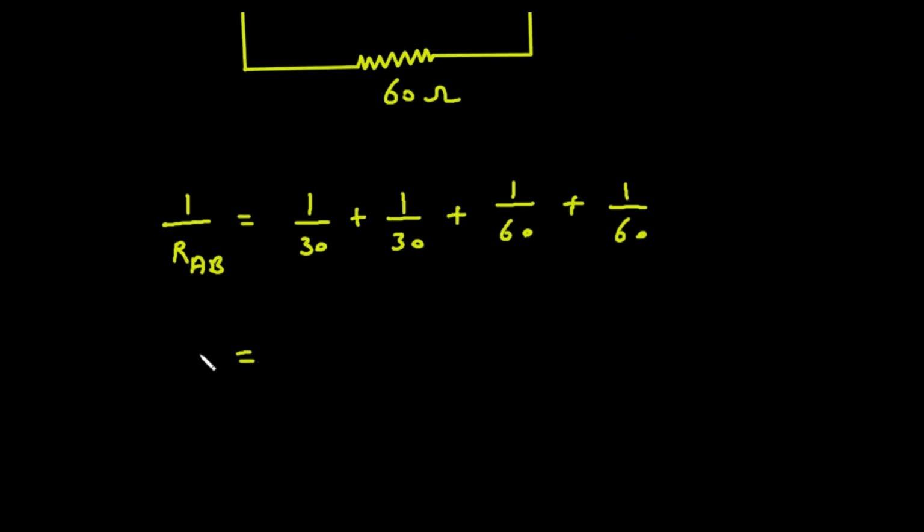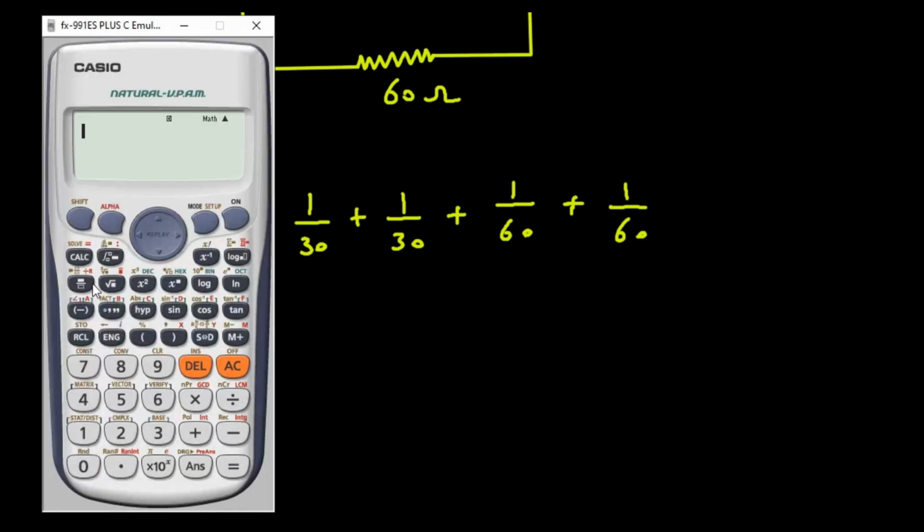So if we solve this, 1 upon RAB is equal to 1 upon 30 plus 1 upon 30 plus 1 upon 60 plus 1 upon 60.